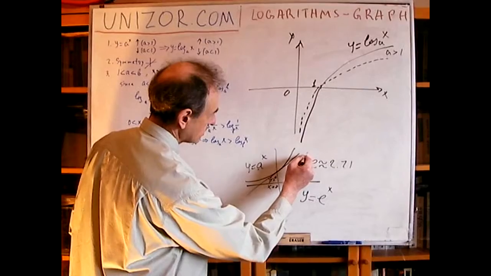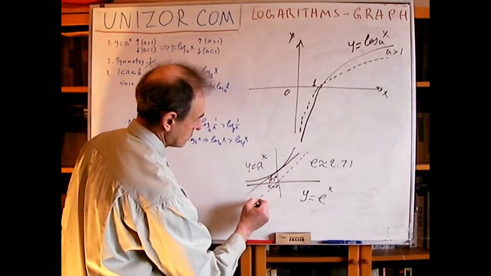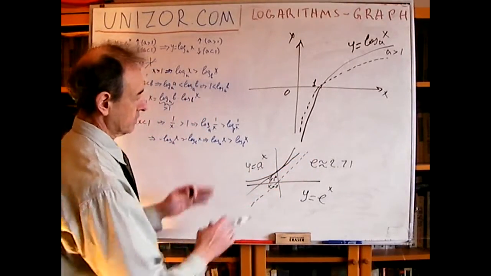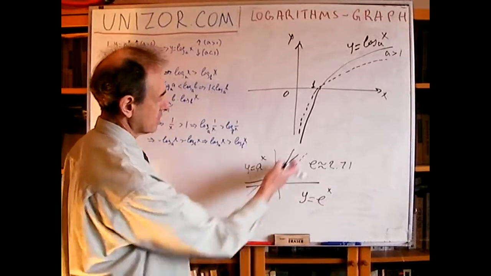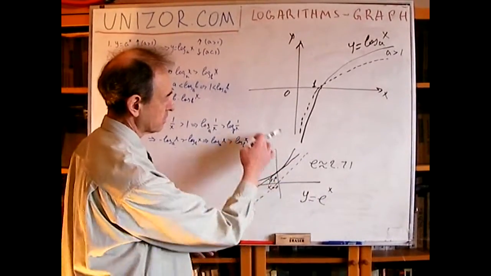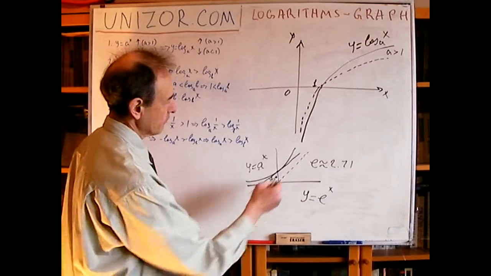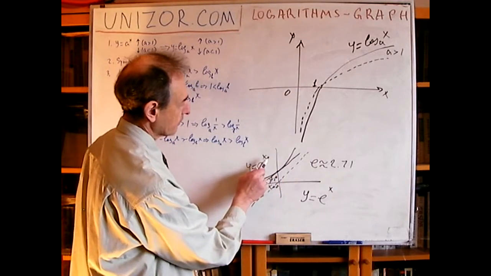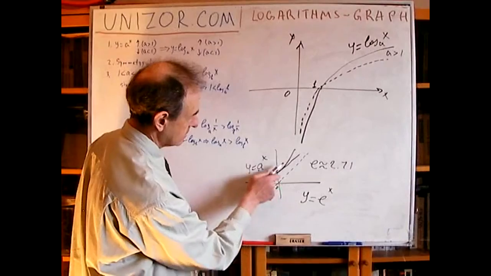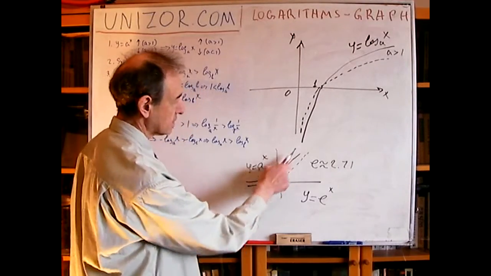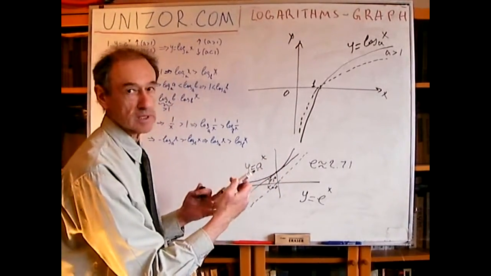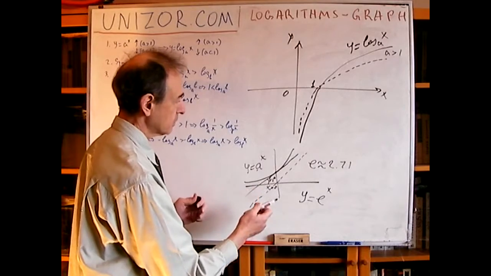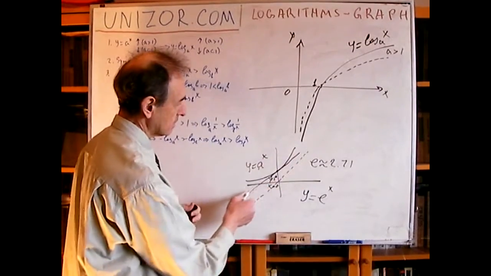Now let's consider the symmetrical graph, symmetrical relative to the bisector of the angle between the axes. Now this is also 45 degrees, and this is 45 degrees. So this line should be parallel. So the tangential principle is supposed to be preserved between this line and the tangent.